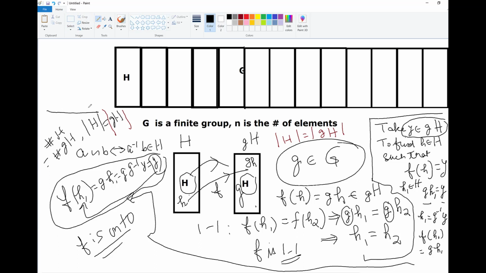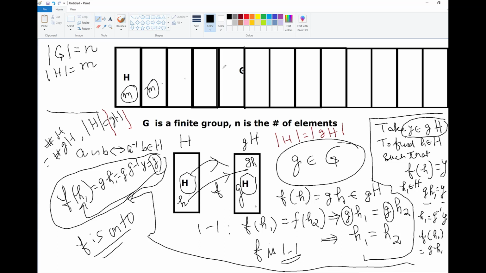Okay, so what you have is that we assume that the number of elements in G is n, and say the number of elements in H is m. So here I have m elements in each copy. There are m elements and they are all disjoint.